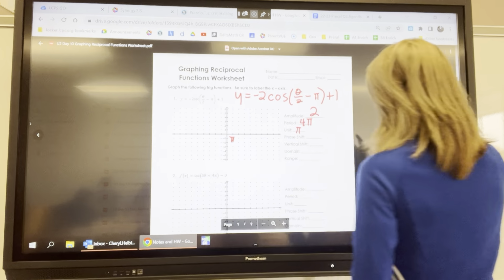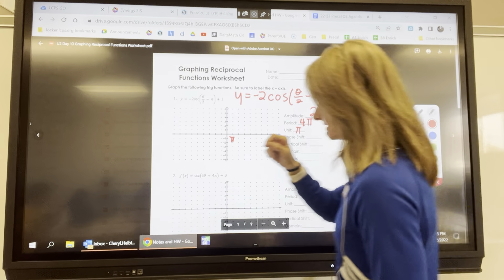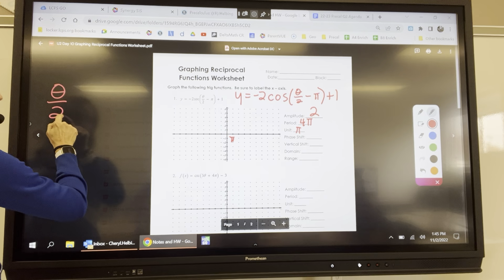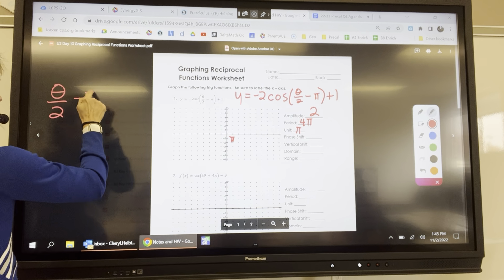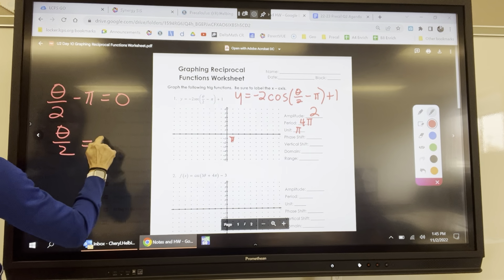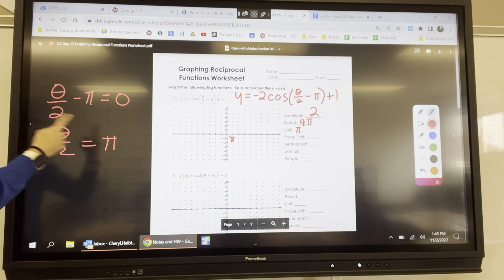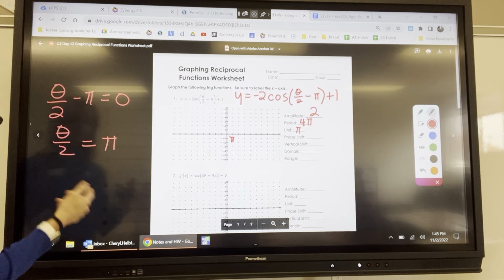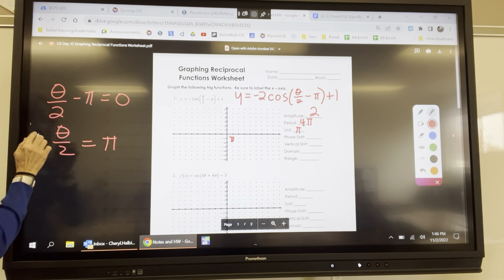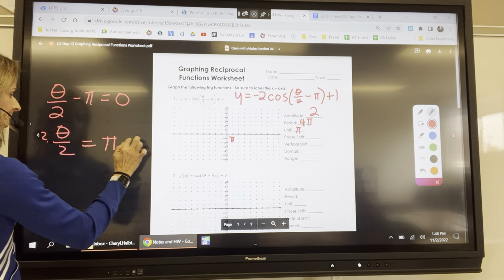I'm going to go ahead and set, let me do this over here, theta over 2 minus pi equals 0. So theta over 2 equals pi. A lot of people have trouble simplifying this because we're trying to isolate the theta, but really you can just think of cross multiplying like you mentioned last class, or you can multiply both sides by this 2.